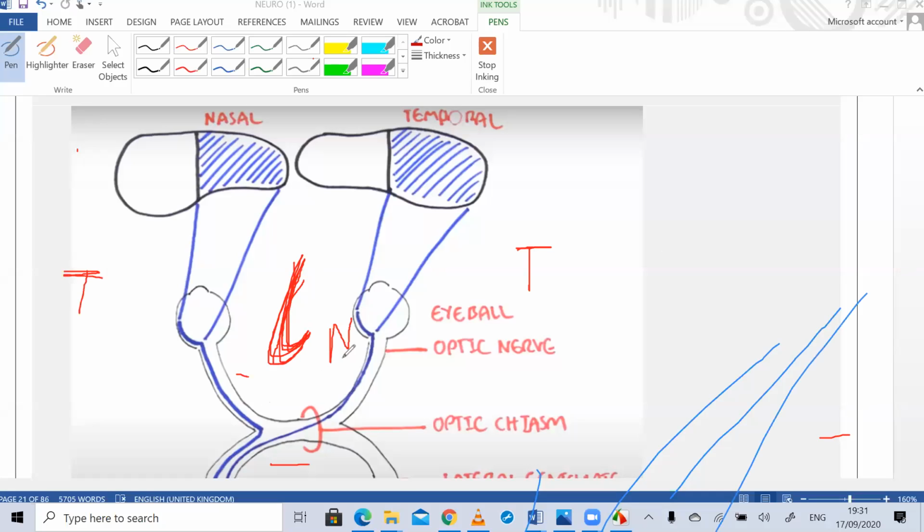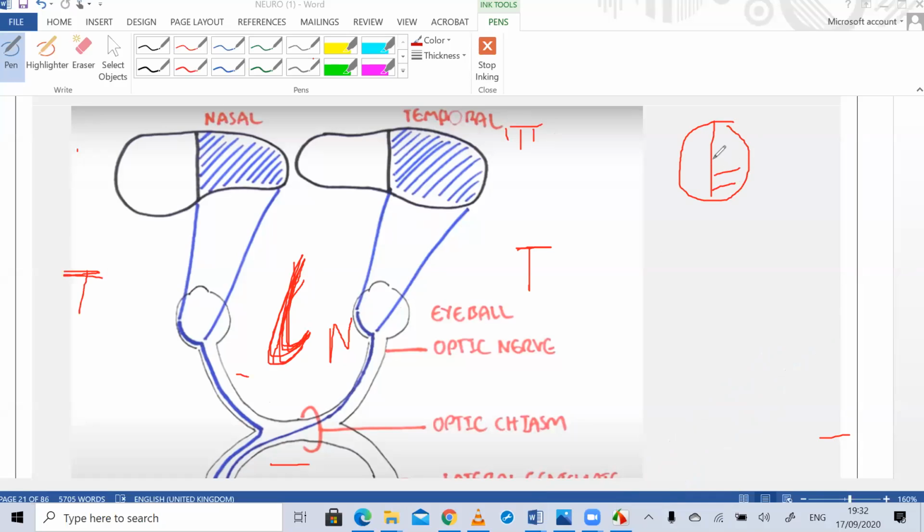So the nasal fibers are transferring what field of vision? They are transferring the temporal field of vision, which means that they are transferring the outer part of vision. So the outer part of your vision is transferred by the nasal fibers.